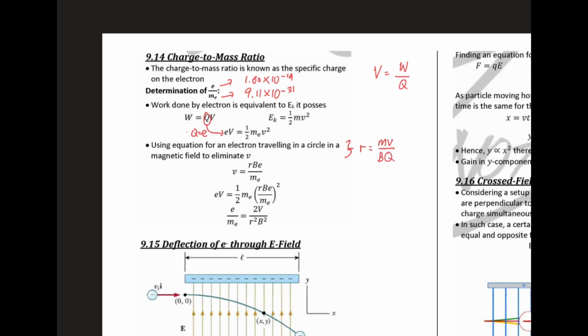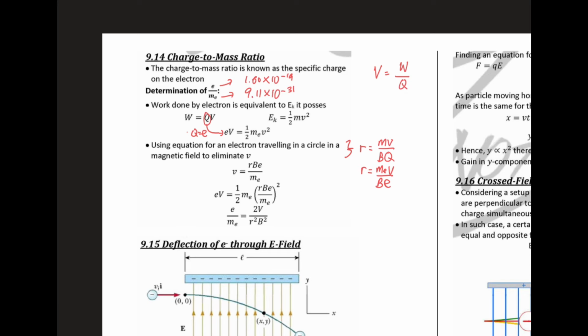Over here, the charge q is replaced by small letter e, and the mass m is replaced by me, the mass of the electron. So we change this to me v.